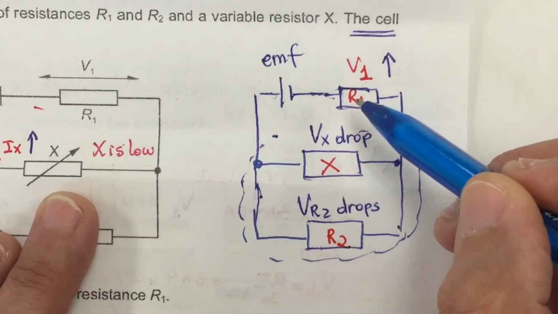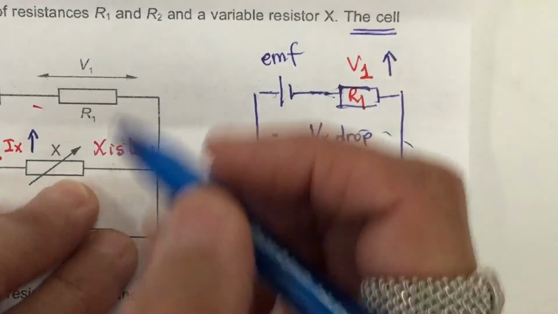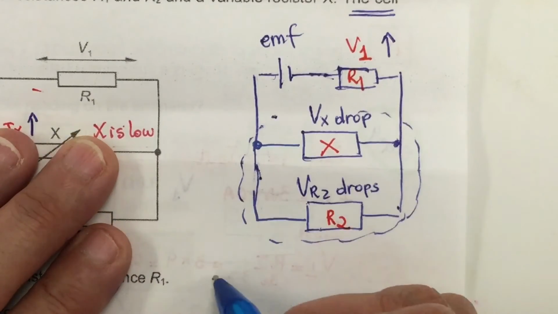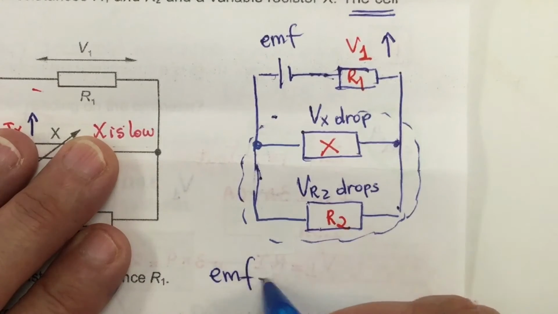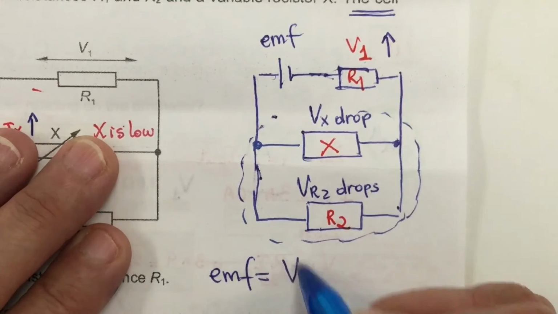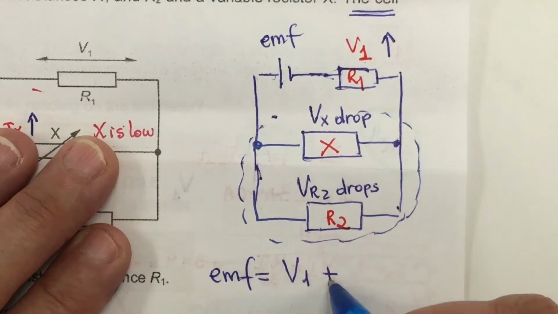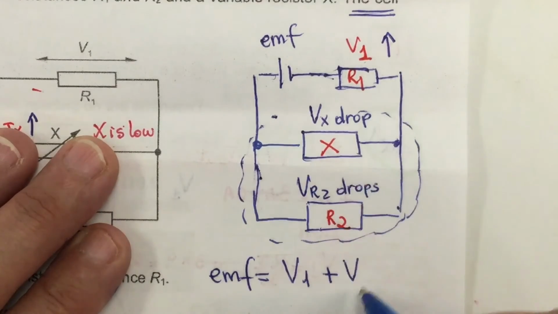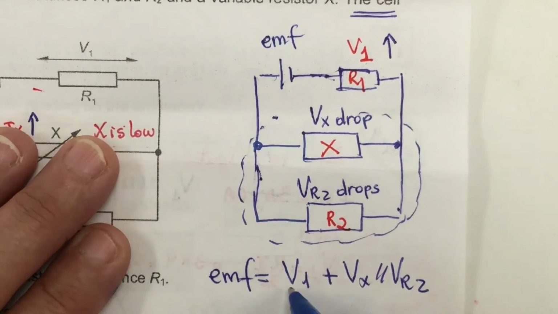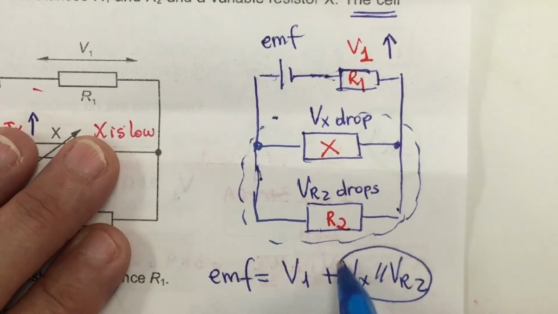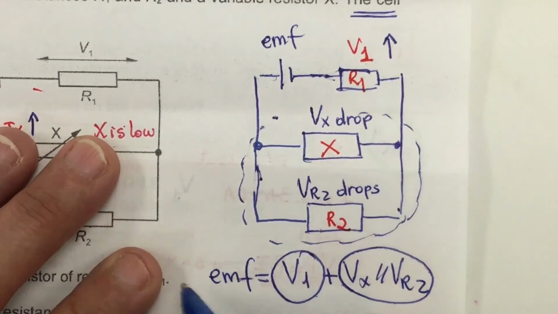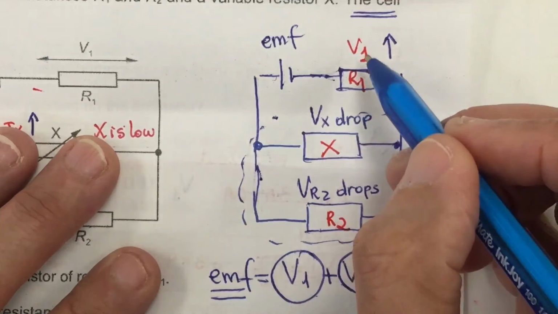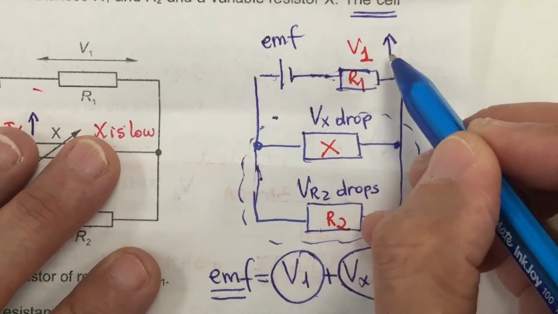So the voltage on this resistor is going to increase because the EMF is the voltage drop V1 plus V of X in parallel with R2. So this here is going to drop, so this one is going to increase for the same value of EMF. So the voltage on R1 increases.